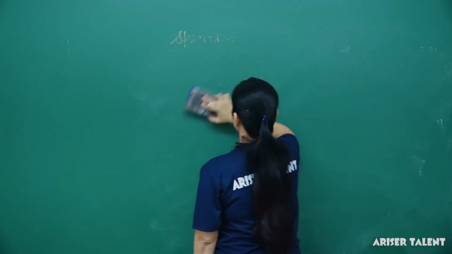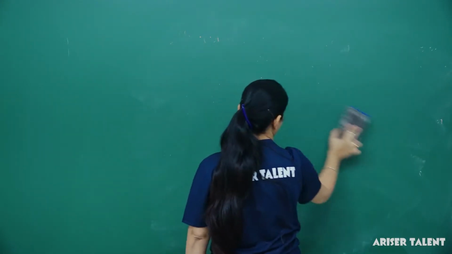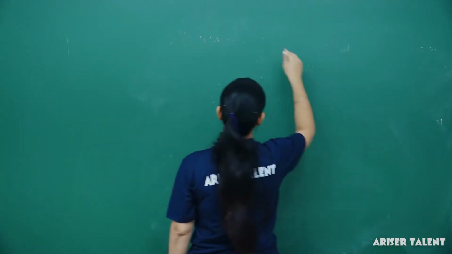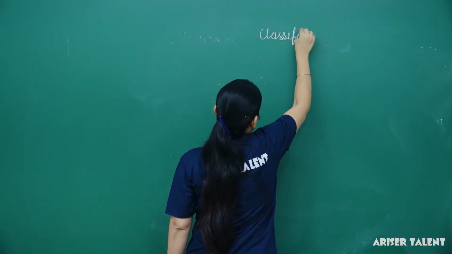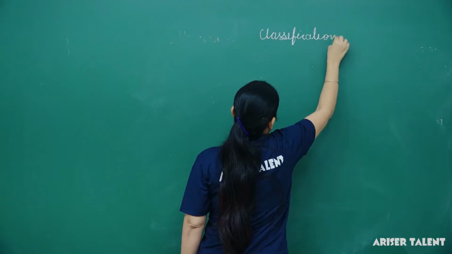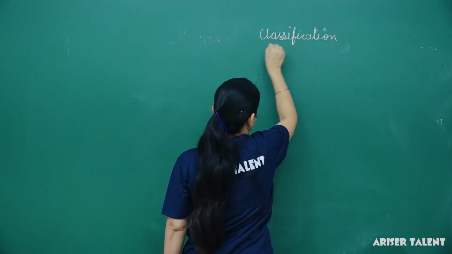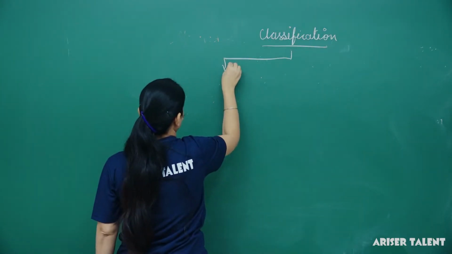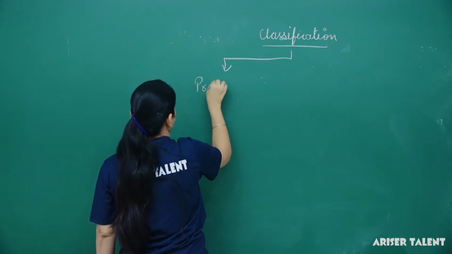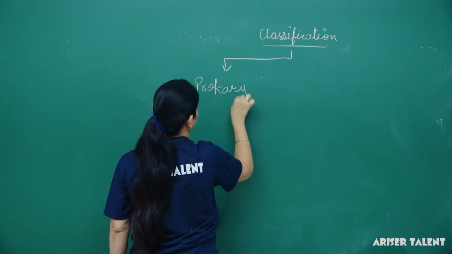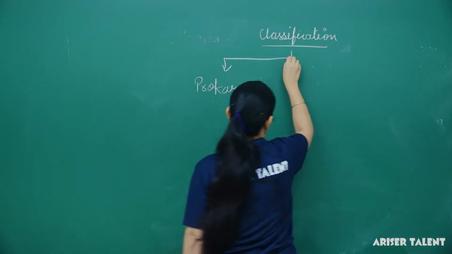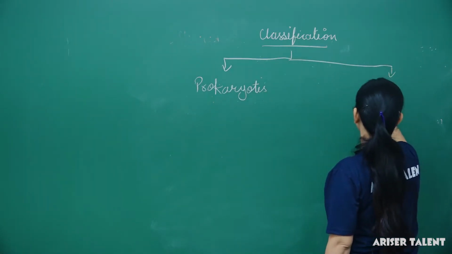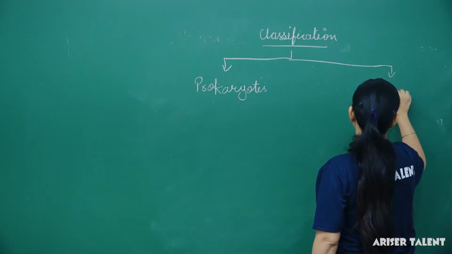Now we will define how the organisms are classified into different groups. First of all, they were classified into two groups. What were they? Prokaryotes and eukaryotes.